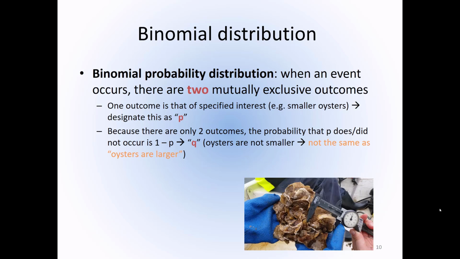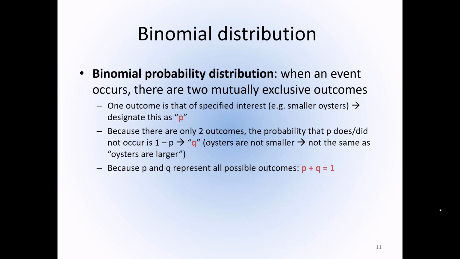So defining the research question is going to be really important moving forward in this course and in your career in science. Because we only have two possible outcomes, when we add these two outcomes together, they will equal 1 because our probabilities will sum to 100%. And we can use this to determine the probability of a particular outcome that we're interested in.